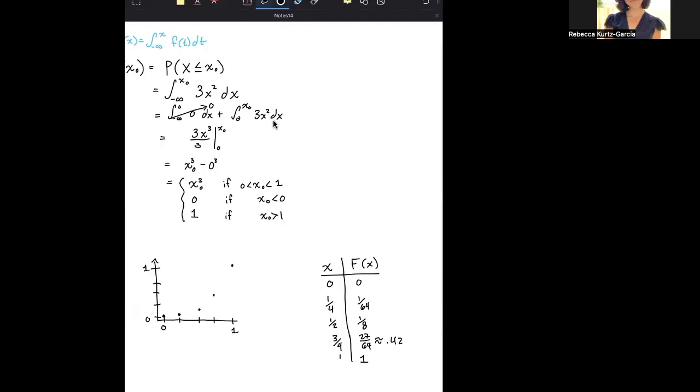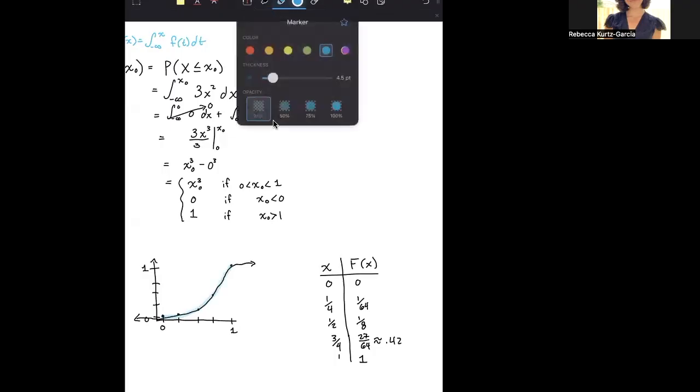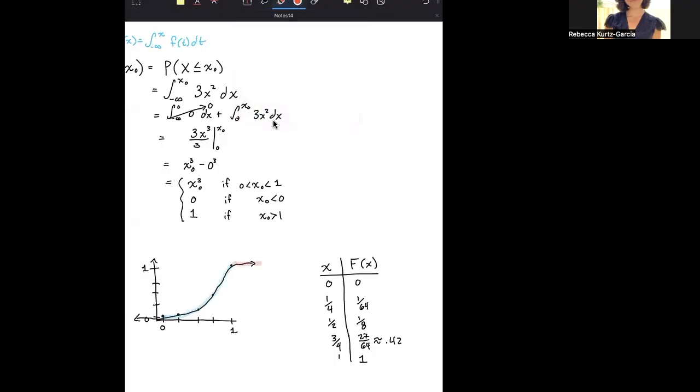So if I were to draw this function, it looks something like this as an approximation. And over here are the points that are a little bit more interesting and changing. And then this is where it becomes 1, and this is where it becomes 0.